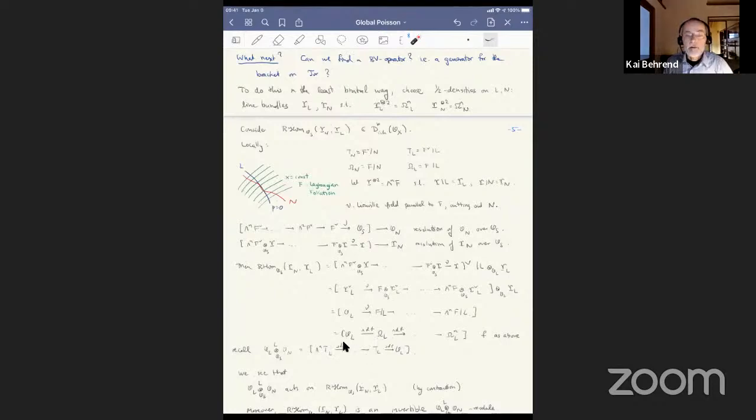And so what I see is that the sheaves in this complex are just the sheaves of forms on the Lagrangian submanifold L, and the differential is now multiplication by df. Again, f is the function such that N is the graph of df on L.